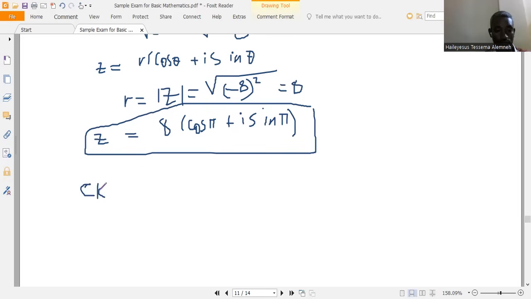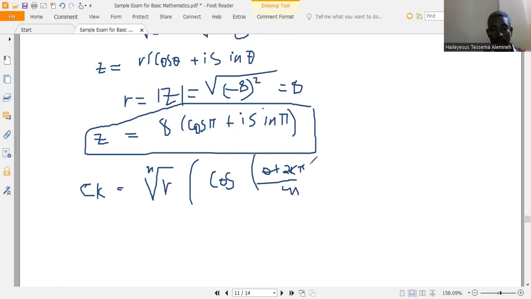The nth root of z, c_k, is obtained as the nth root of r times cos of (theta plus 2k pi) over n plus i times sine of (theta plus 2k pi) over n.